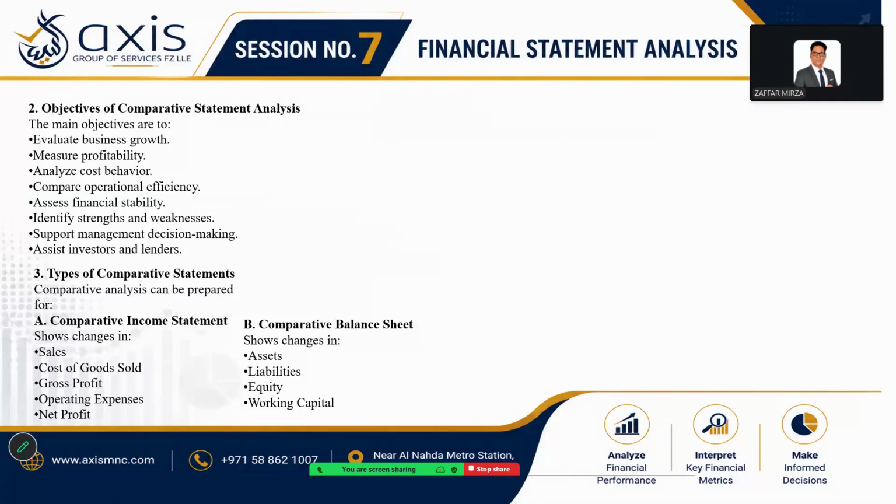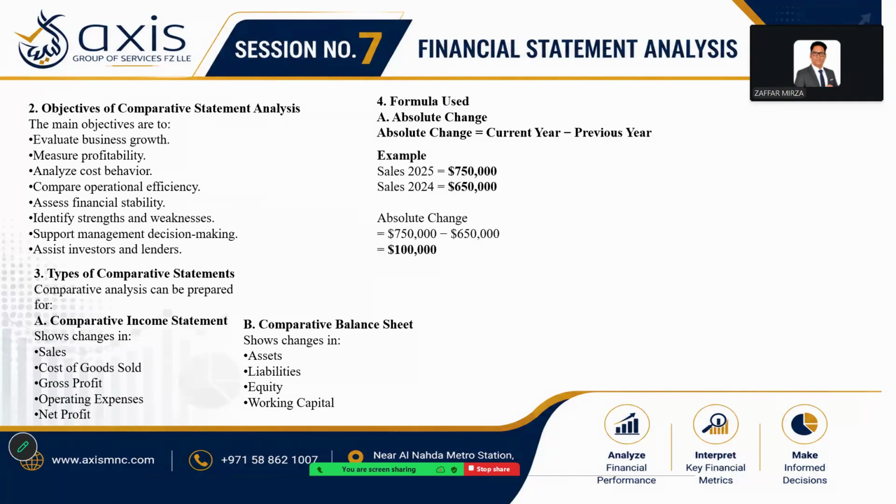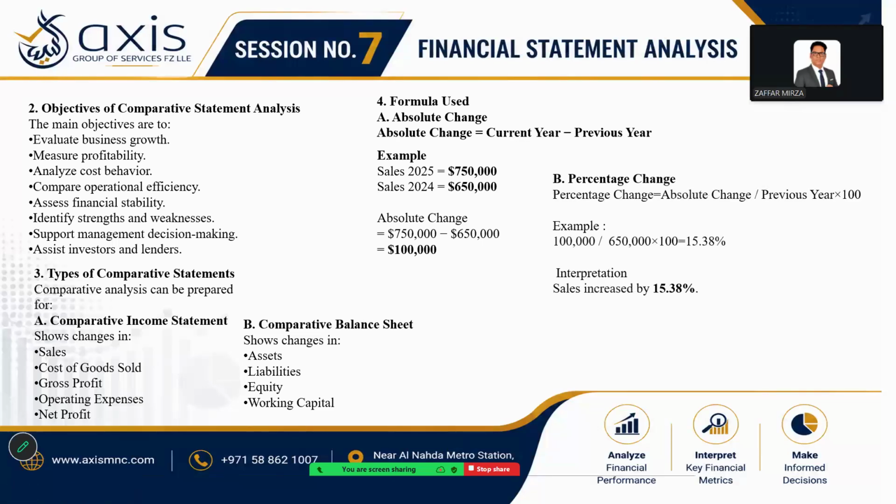But a small question, we'll do it, and we'll discuss again. These comparative statements will be our next starting topic. Absolute change will come as current year minus previous year. Percentage change means absolute change divided by previous year into 100.